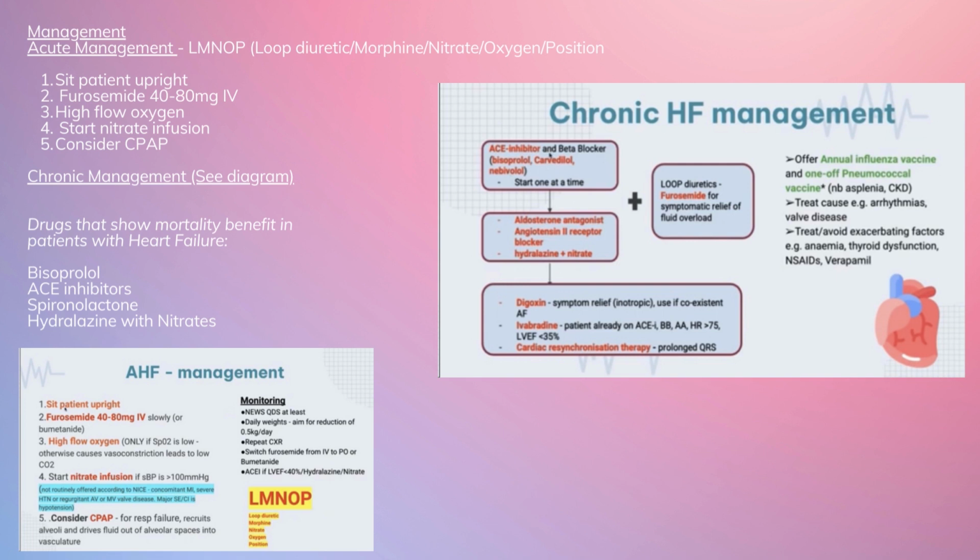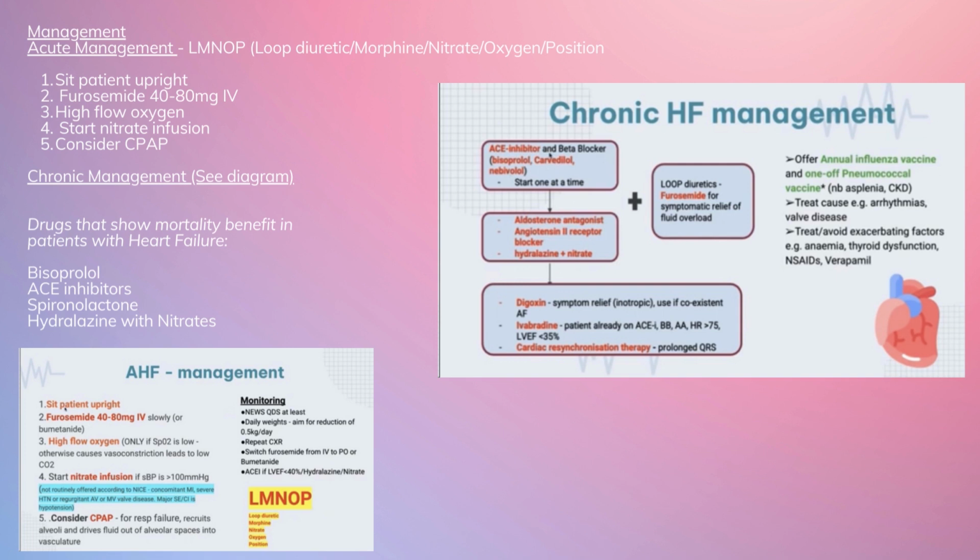Now, in terms of chronic management, first we want to give them an ACE inhibitor or a beta blocker. The most commonly used drugs will be bisoprolol, carvedilol, and nebivolol, and you want to start them one at a time. Then we want to give the classic drugs, so an aldosterone antagonist such as spironolactone, and angiotensin II receptor blockers such as losartan and candesartan.